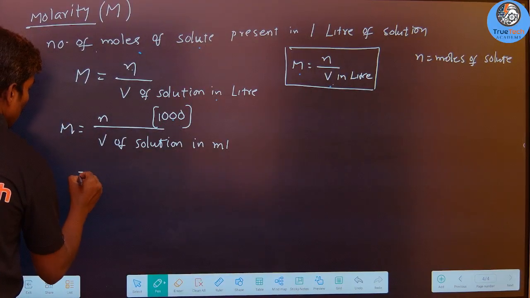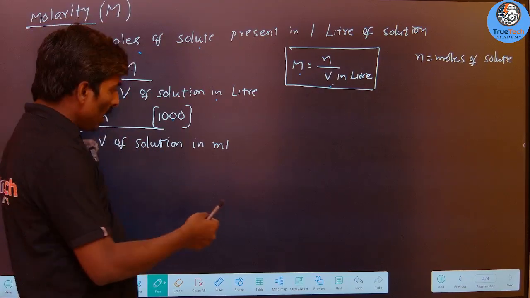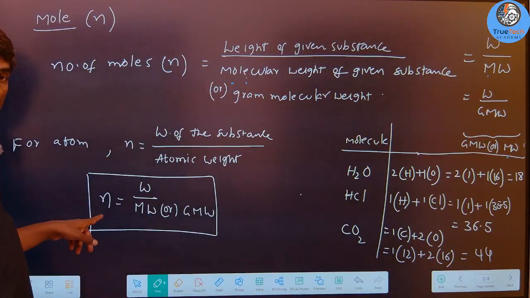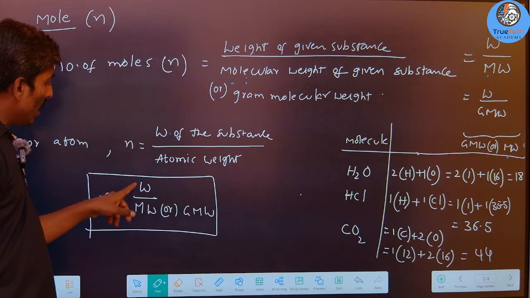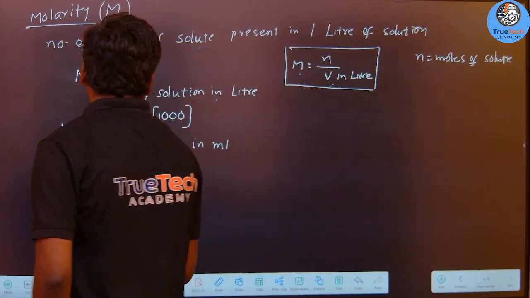Okay. Now further it is rearranged. In the previous slide, we know what n is: n equals w by mw. So it is simple substitution.